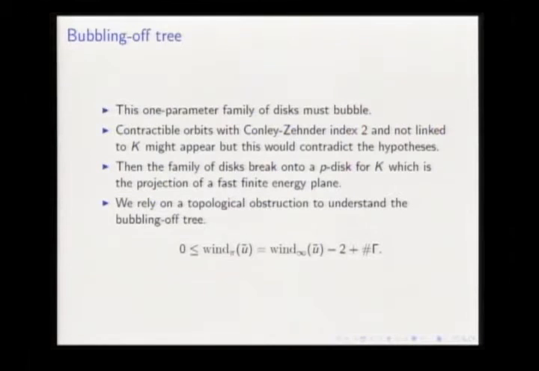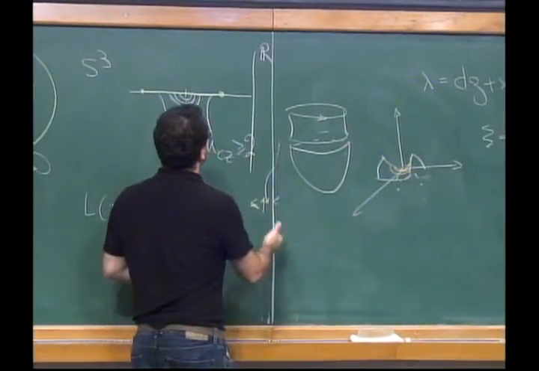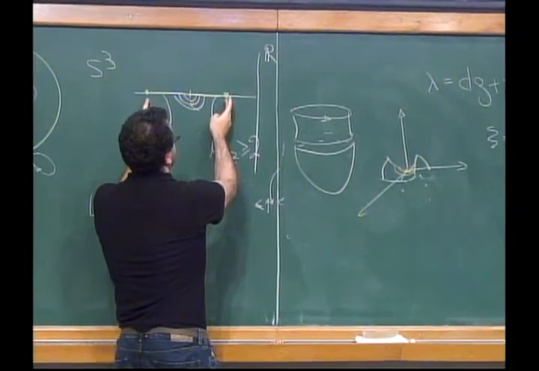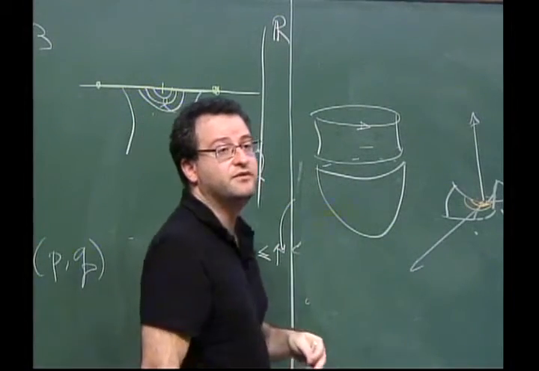So all these numbers are well defined, and with these good asymptotic properties of this plane that we have produced, well, it does not intersect the boundary, and the projection on the manifold is embedded.